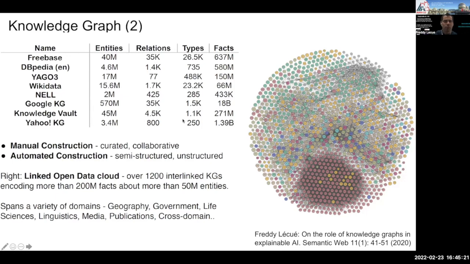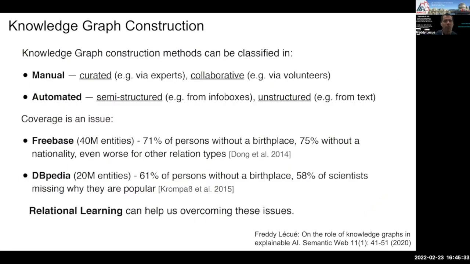And here I want to show you that it's definitely of use, and that we have been using it, and other folks have been using it, for solving tasks related to machine learning and explainable AI. In terms of graphs, you may have many different techniques for building them. They might be manual, automated, so you have different coverage.